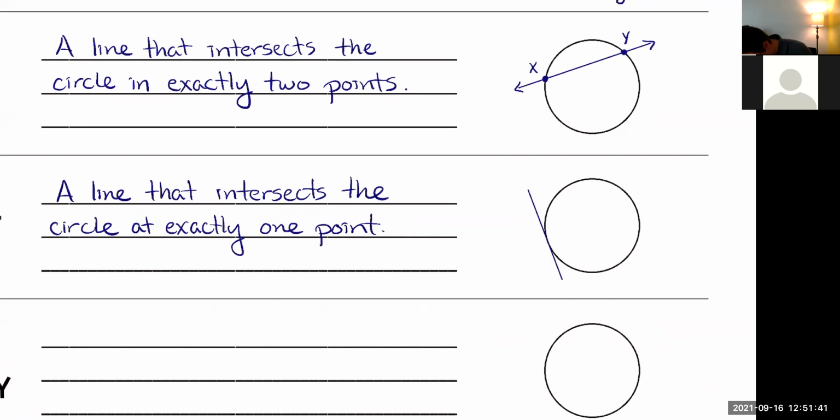Like it just barely touches it. So I'm going to call this line PR. But the point that it intersects the circle is at a very specific point, Q. It's kind of hard to imagine, but this line comes in so close, it just grazes at one exact point before it continues to travel away from the circle again.